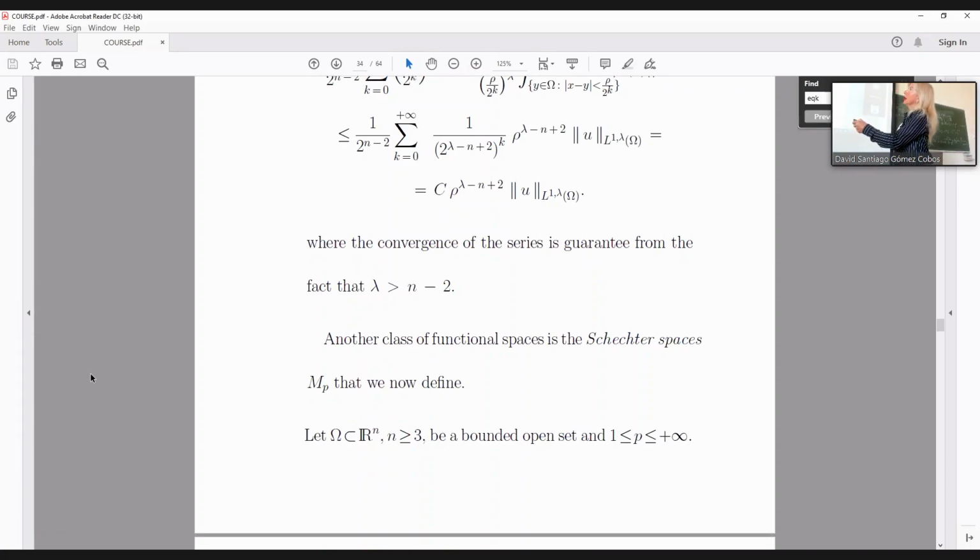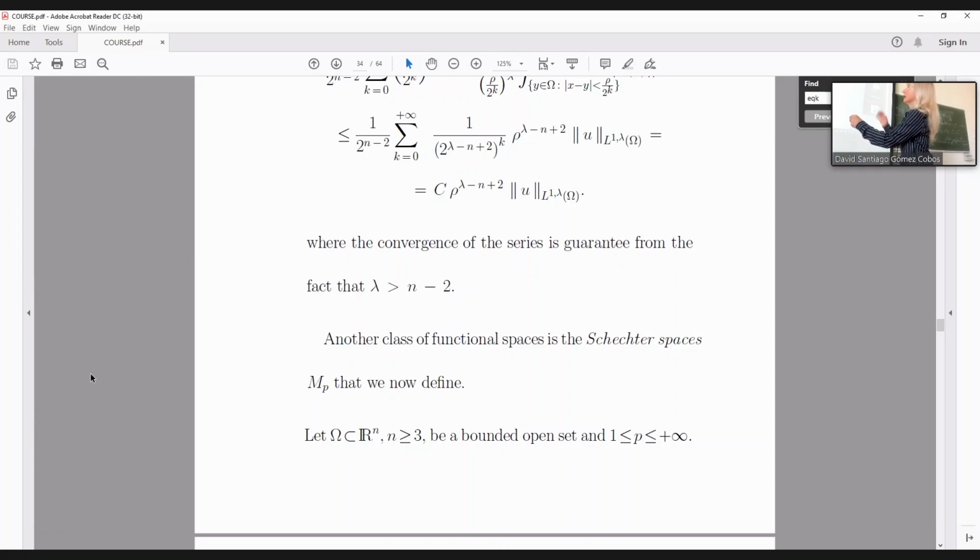We copy again 1 over 2 with exponent n minus 2, then the summation between 0 and plus infinity of the quantity 1 over 2 with exponent lambda minus n plus 2 with exponent k. Of course, we have to remember the relation between lambda and n minus 2. This is fundamental. And rho with exponent lambda minus n plus 2, and the norm of u in L1 lambda.